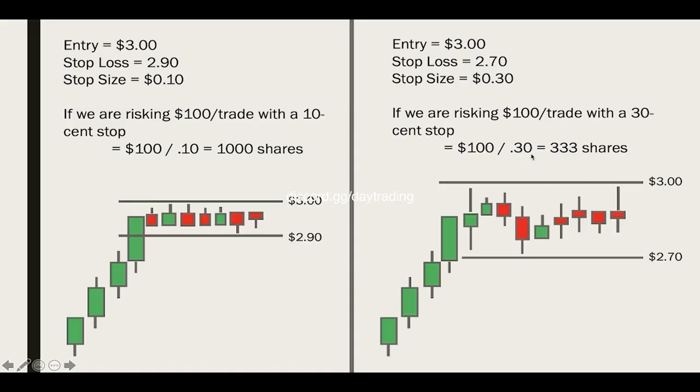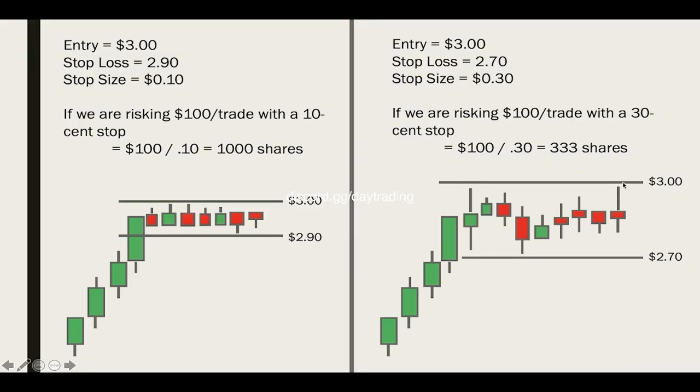In this scenario, we're still risking $100. The risk is the absolute same. We're risking the exact same amount in both of these setups. However, in this case, we have a 30 cent stop, because our stop loss is under the base at 270. So if we're risking $100 per trade with a 30 cent stop, well, the $100 divided by the size of your stop, 30 cents, 100 divided by 0.3 is 333 shares.